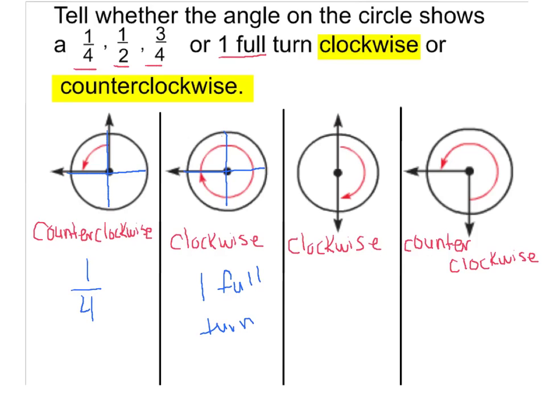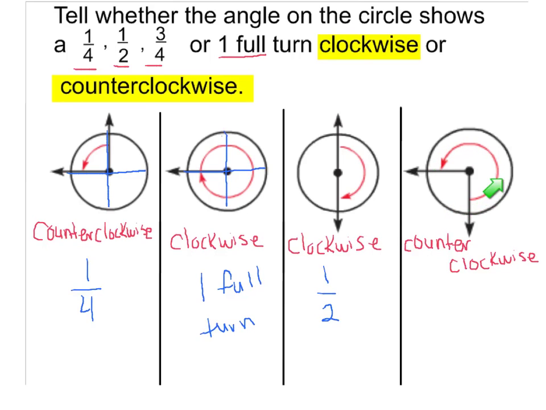And if we look at our third circle over here, we can say that it started here and it went clockwise. That's the turn it made. And it made a half turn clockwise because it turned half of the circle. And our last example, we can see that it started here and then it went to the left.